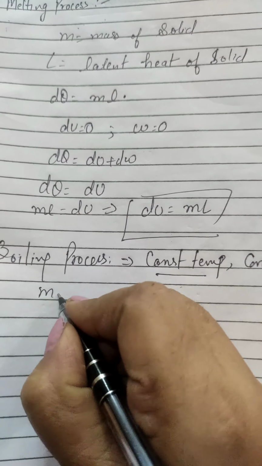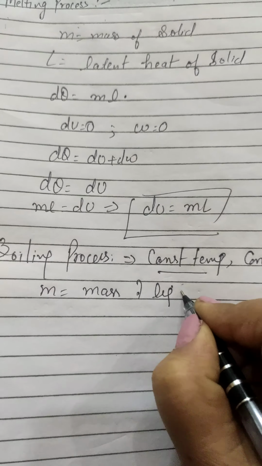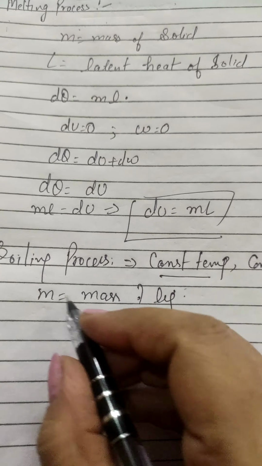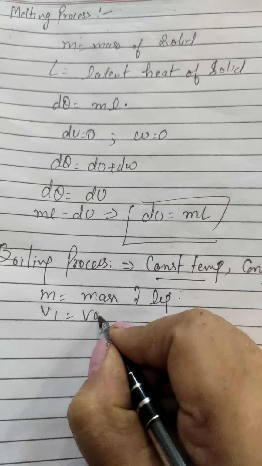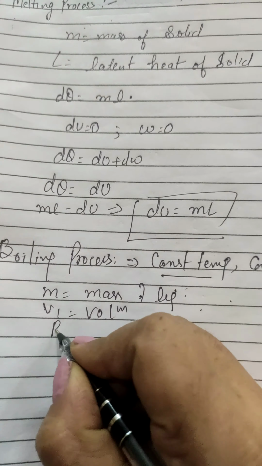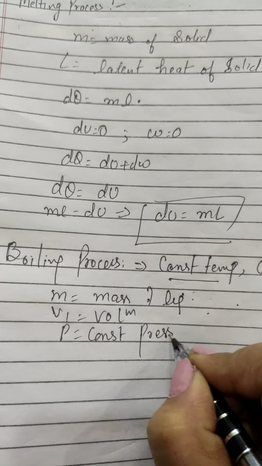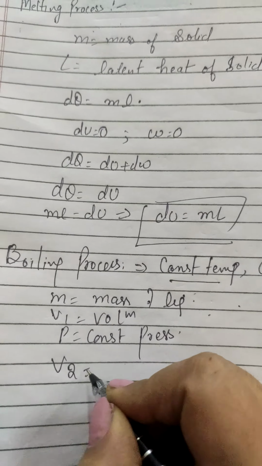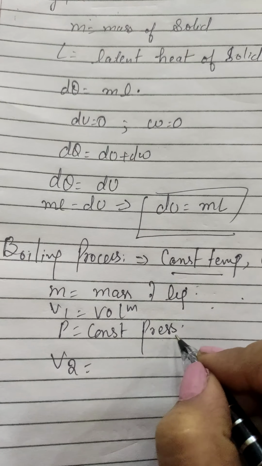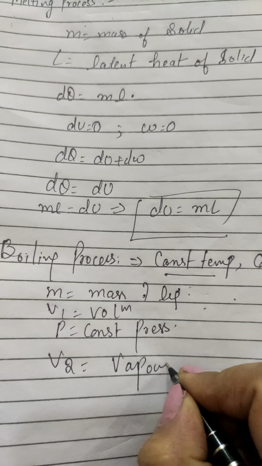So we have to keep this in mind. Now if m is the mass of liquid at its boiling point, V1 is the volume of liquid at its boiling point, P is the constant pressure, and V2 is the volume of the vapors of the liquid under the same pressure.